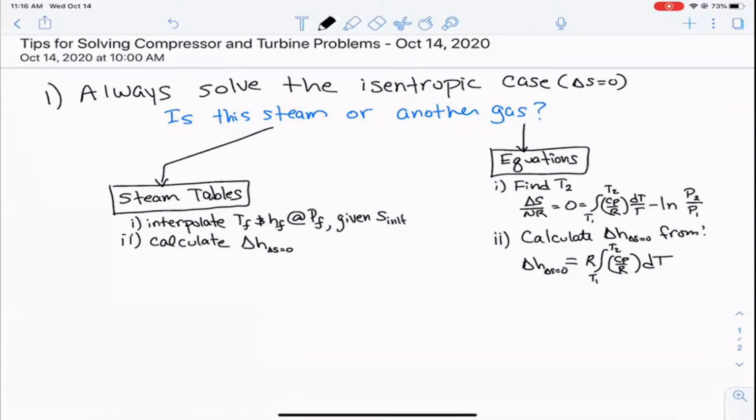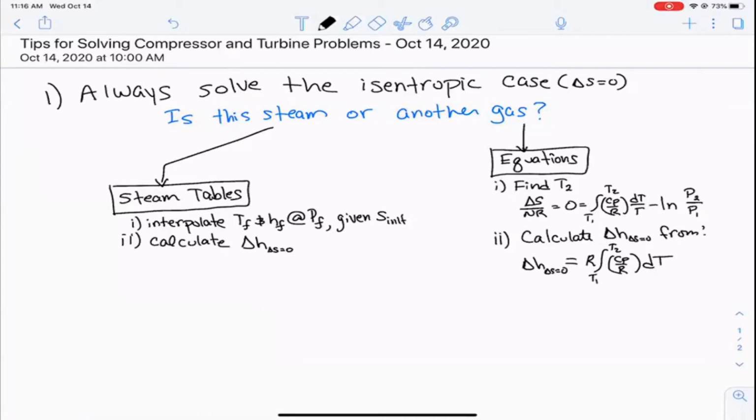And the outcome of this first step in solving the isentropic case is finding the final temperature and then finding delta H when delta S is equal to 0.